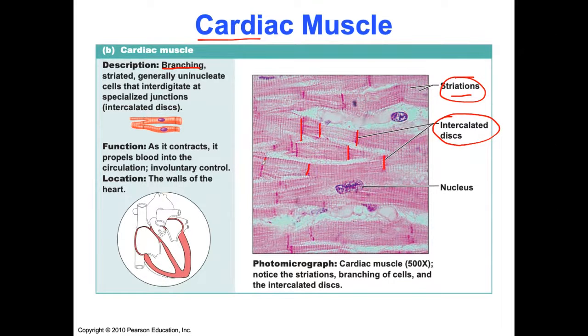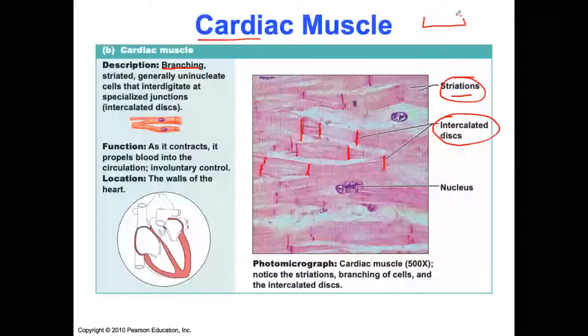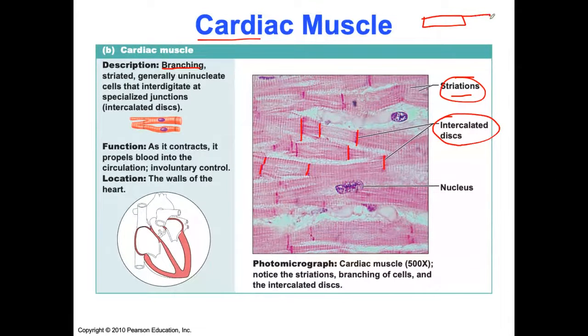So what are these intercalated discs? Intercalated discs are where two heart cells come together, and they come together forming gap junctions. So if this is a heart cell and this is another one, this right here is an intercalated disc.